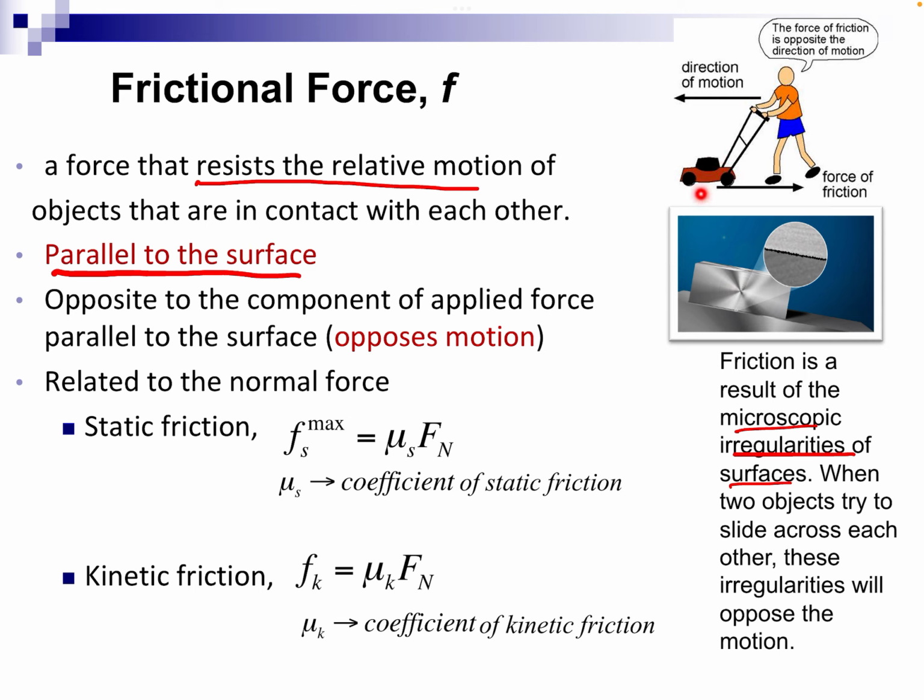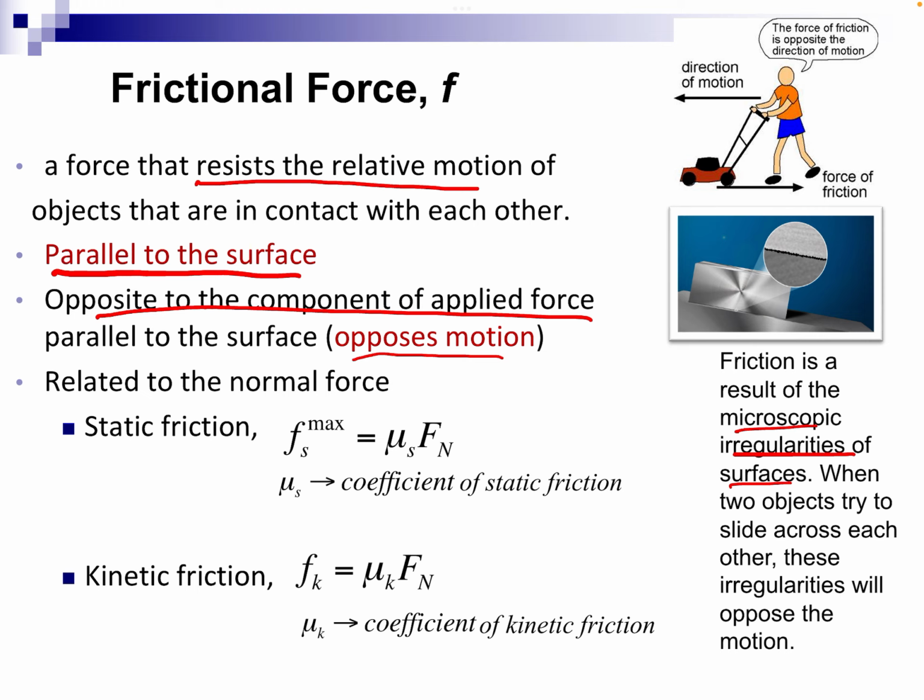The frictional force will be parallel to the ground, and it will always be in the opposite direction of the applied force, because frictional force opposes the motion of the object.